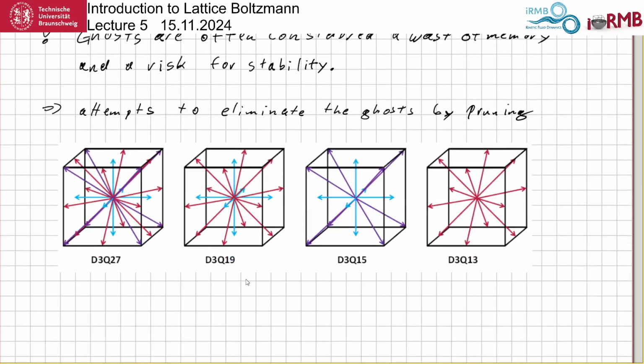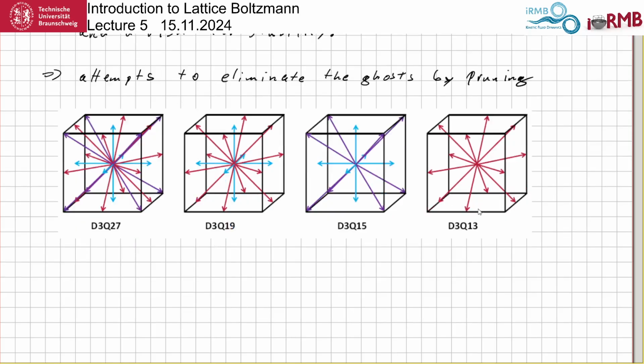But it's difficult to find a symmetric set of velocities on a lattice that is equal to 10. So the smallest that has been found was 13, which means that this thing here has 3 ghost moments. Okay, so we always have some kinds of ghosts.